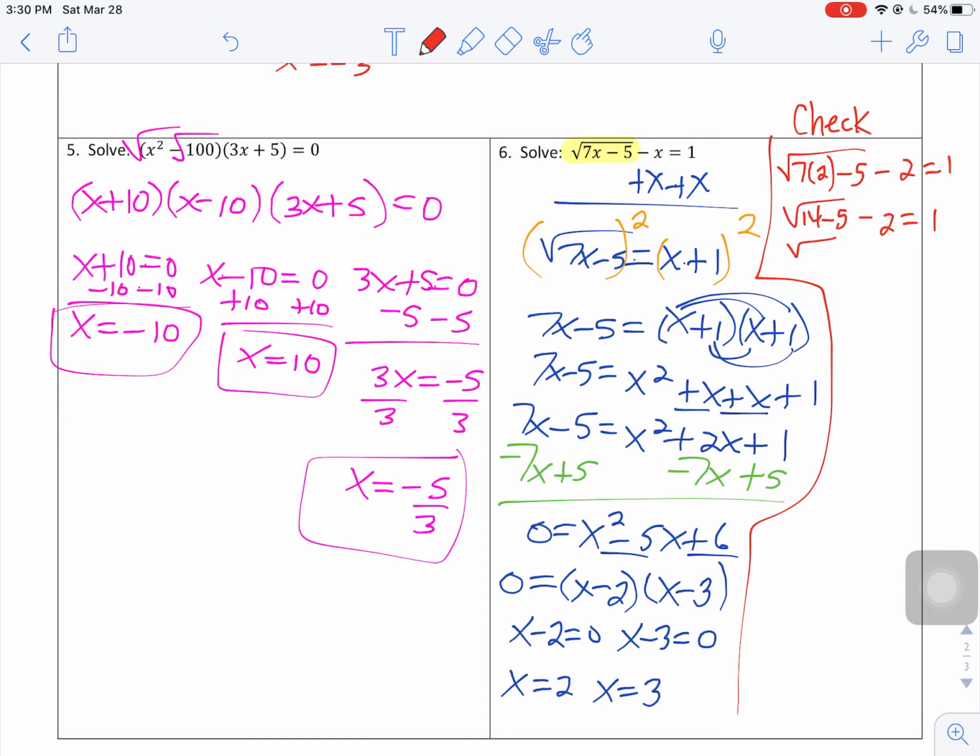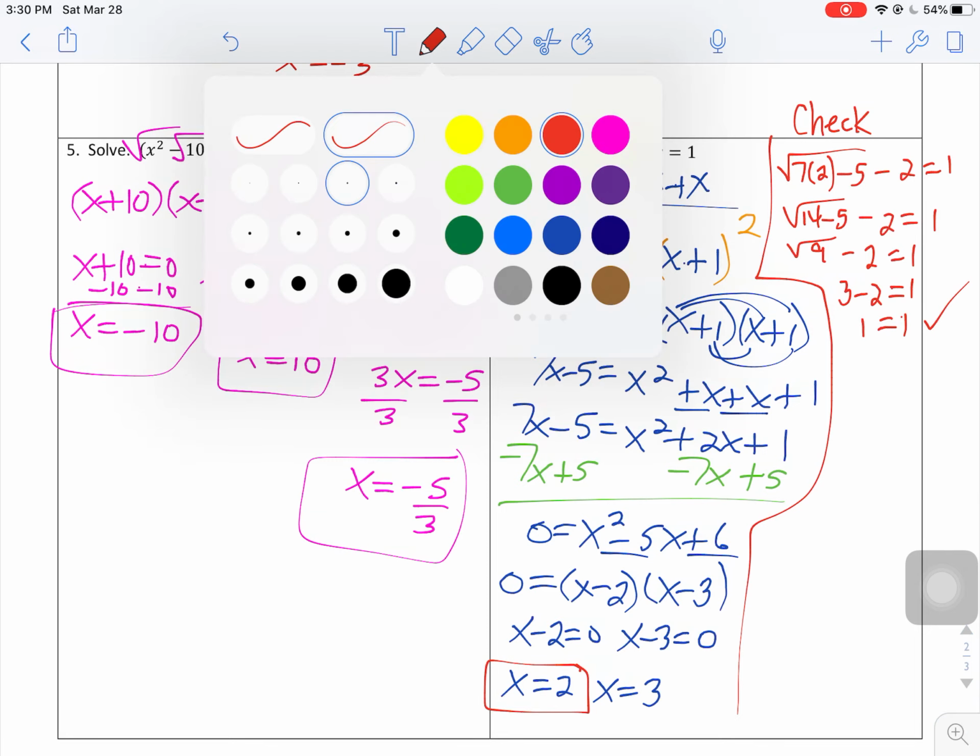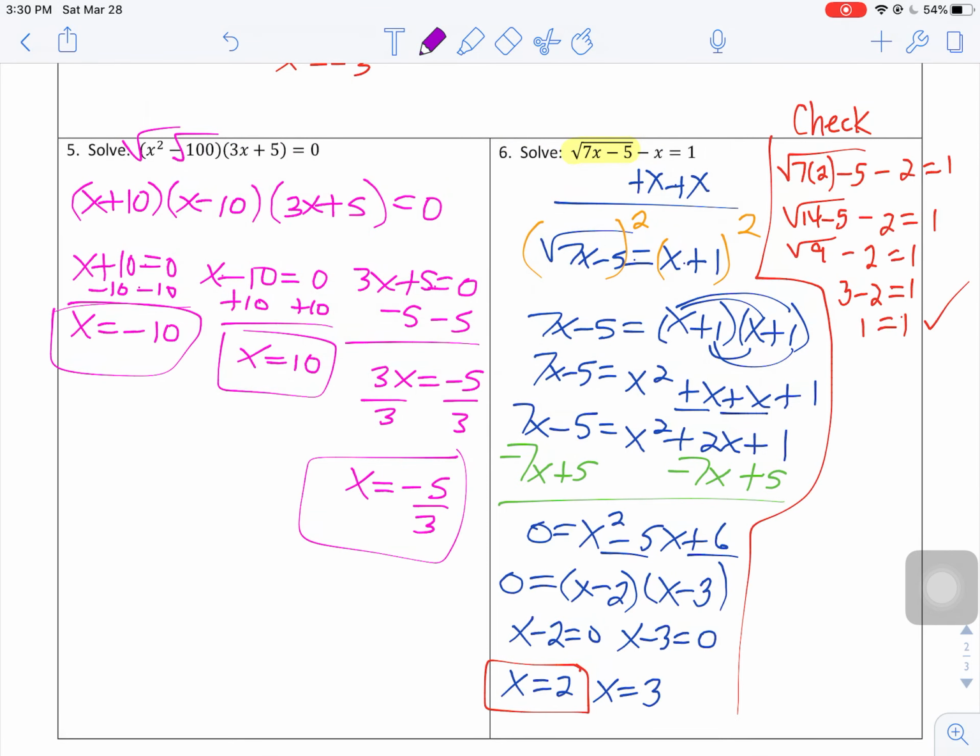And notice I'm not solving the equation, I'm just simplifying it. And sure enough, as I kept simplifying the left side, it got down to 1, and the right side already was 1. So that works. x equals 2 is an answer.